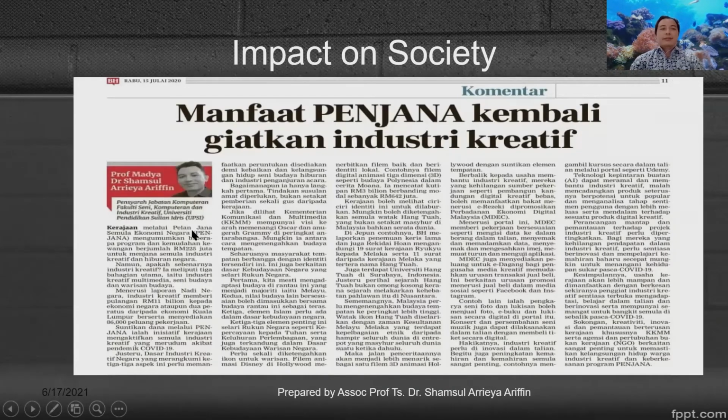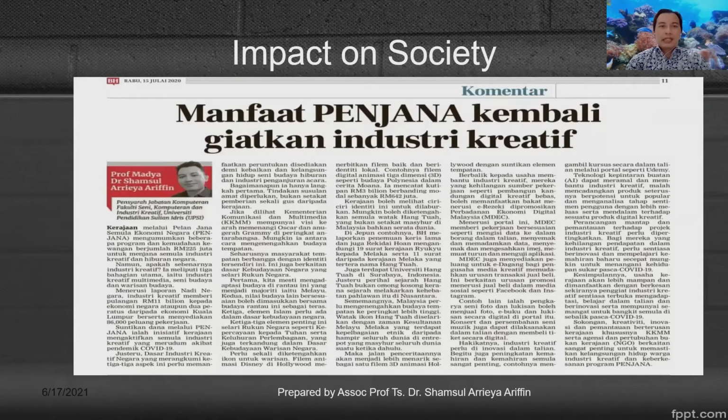Okay, this is another article regarding Penjana Kembali Giatkan Industri Kreatif. It relates to my research with Dr. PM TS Dr. Shamsul from UUM, regarding the benefits of Penjana Kembali Giatkan Industri Kreatif, and how to improve the digitalization of the creative industry in order to possibly generate income for the creative industry community, because during the COVID pandemic the creative industry was so badly affected in Malaysia.